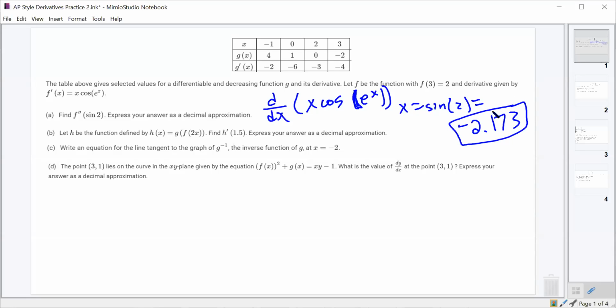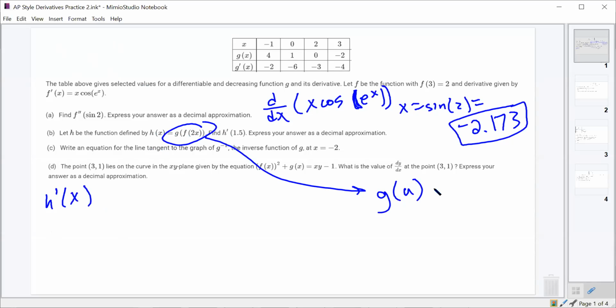Yeah. All right. So for part B, we're going to try to find h prime of 1.5. So we're going to take the derivative of h, and so we're looking for the derivative of g of f of 2x. And so we can rewrite g of f of 2x as g of u, with u equal to f of 2x if we wanted to, which gives us a composition of two functions.